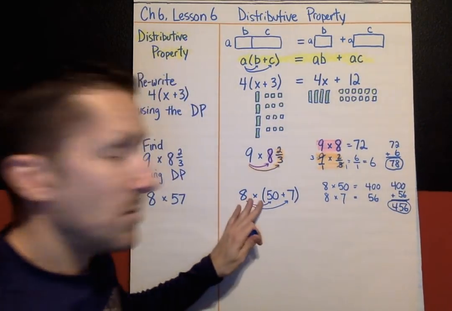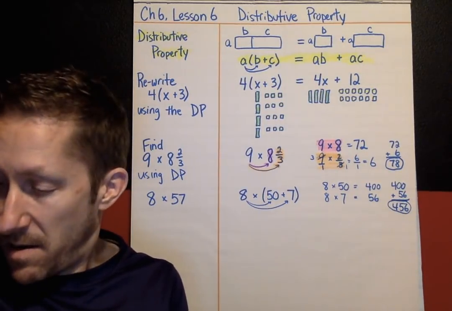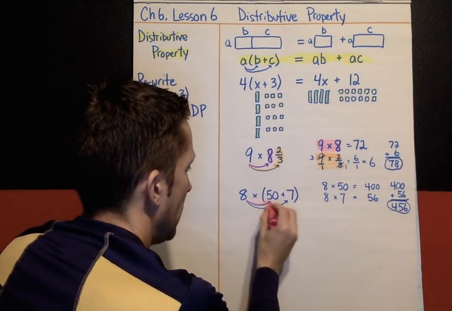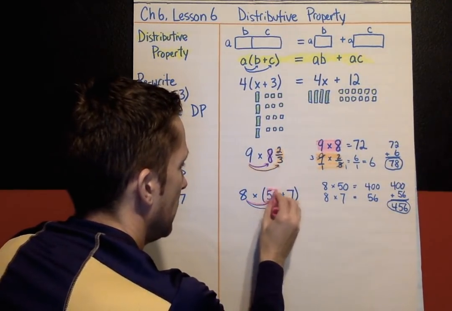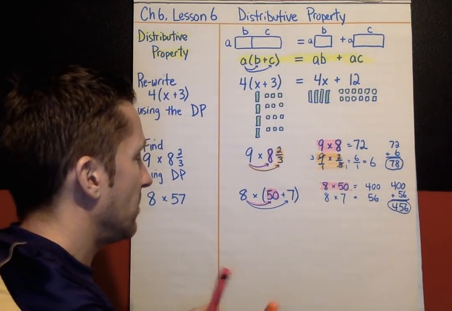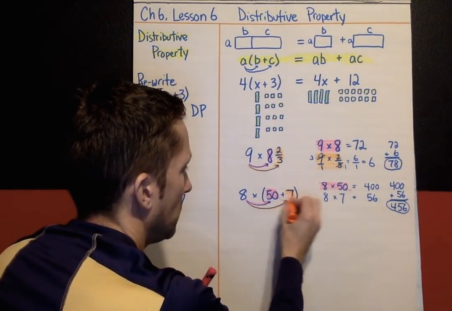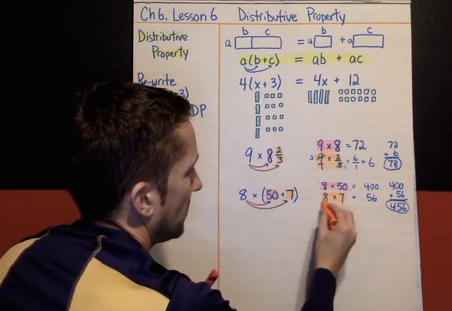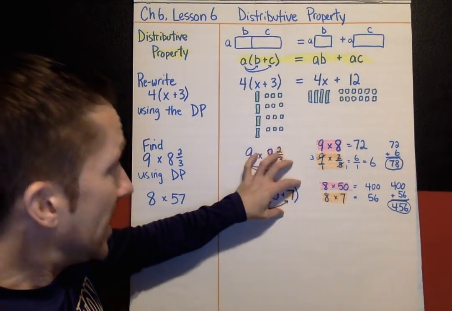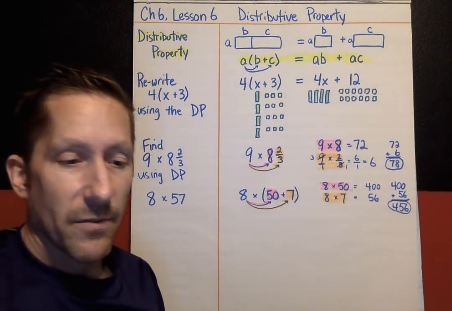Again, using the distributive property to solve something mentally. So 8 was distributed to the 50, and 8 was distributed to the 7, 8 times 7. And then we combine those two amounts. Again, all of these are examples of the distributive property in different forms.